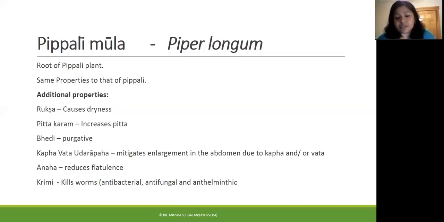Of course, it is kapha vata and udrapaha. Udrapaha here is another synonym for hara, or reducing. And so it mitigates, or pacifies, enlargement of the abdomen due to kapha and or vata.